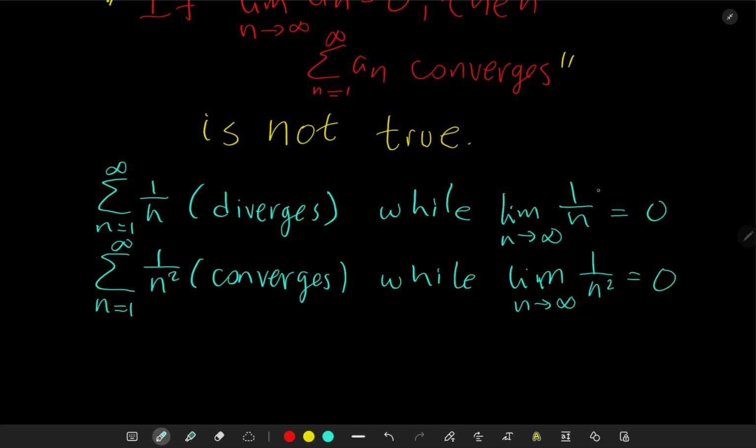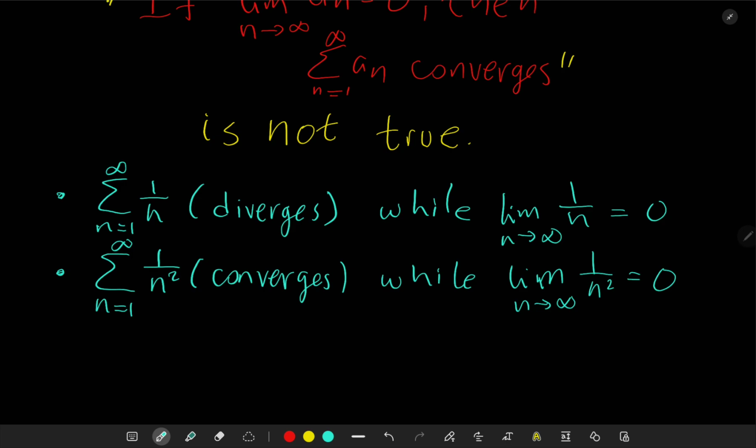So you see, when the sequence of terms converges to 0, you can have either convergence or divergence. The series can't tell you anything. You don't really know. So the only thing you can do is, if the limit is not 0, then you know it diverges.